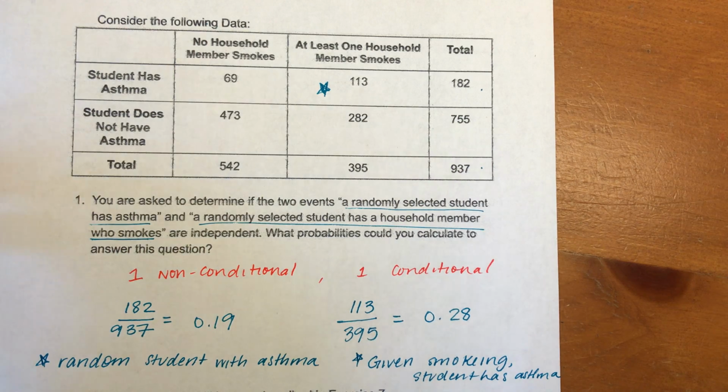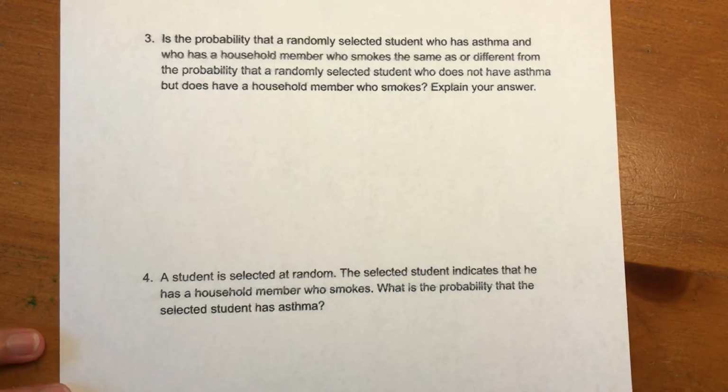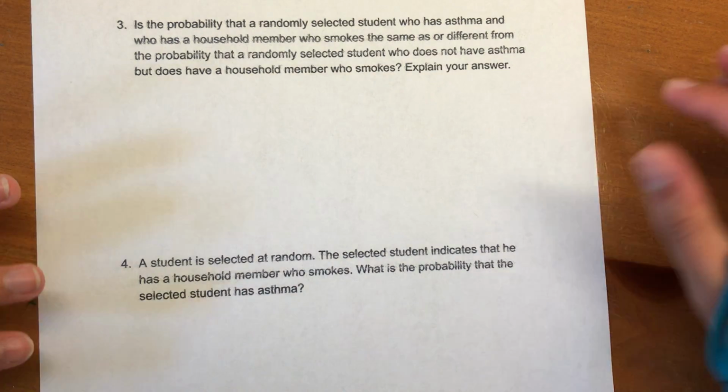Okay? So, let's look at question number 3. Is the probability that a randomly selected student who has asthma and who has a household member who smokes the same as or different from the probability that a randomly selected student who does not have asthma but does have a household member who smokes? Okay, it's a long question.